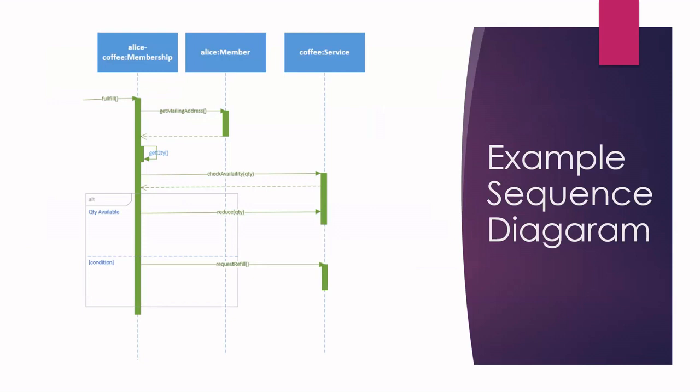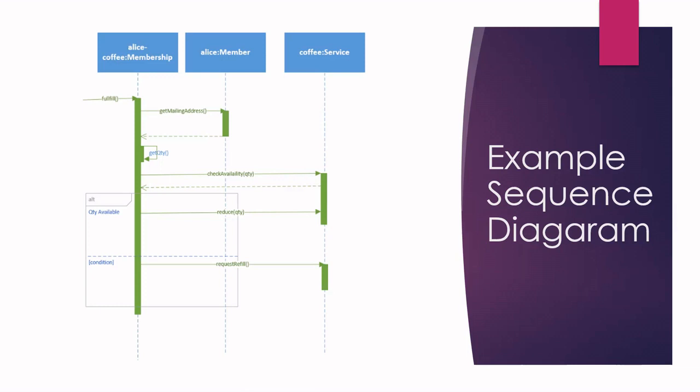So Alice is an object of member. Coffee is an object of service. Now, if we call the fulfill method, this would be the activation of the fulfill method, which means that pretty much the code that we want to write inside the fulfill method would be represented here.